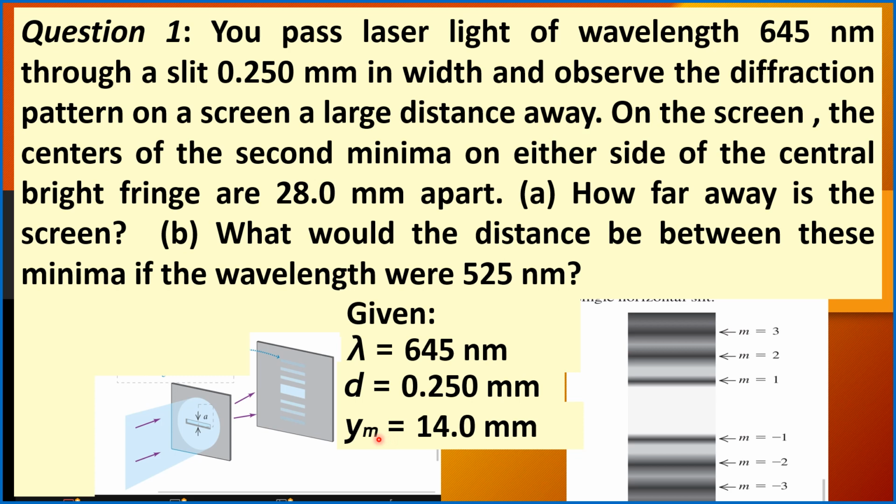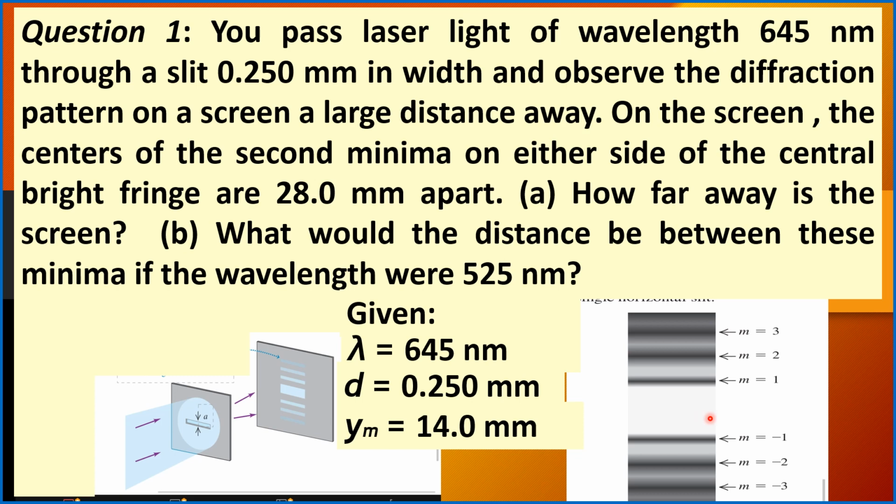It could also mean from the minimum negative 1, negative 2, or negative 3, as long as the reference is the center of the central bright band. The center of the central bright band is sometimes referred to as the middle of the diffraction pattern.